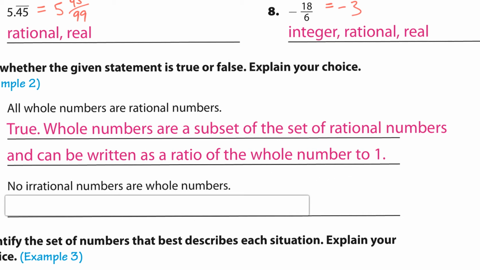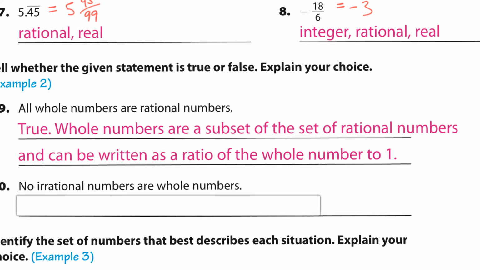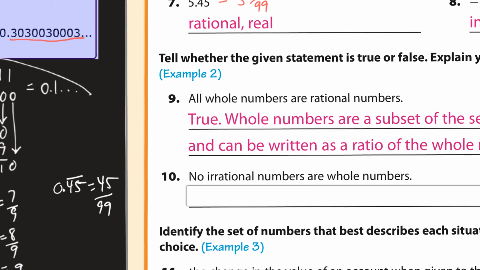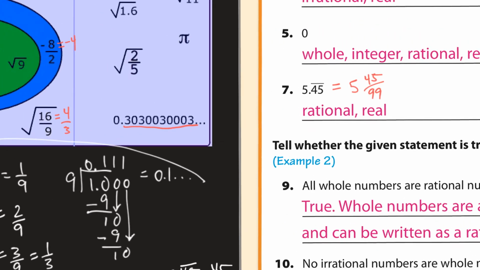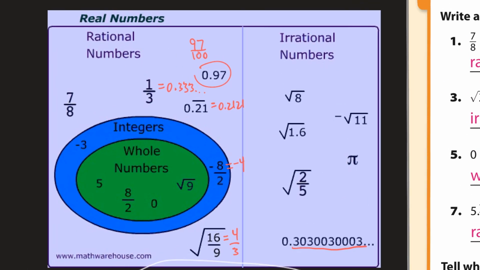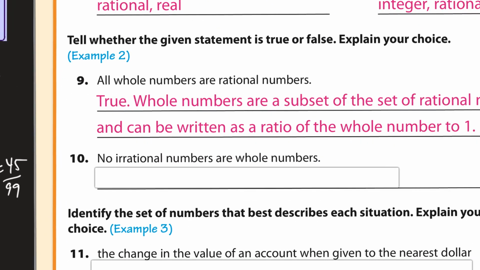Okay, so no irrational numbers are whole numbers. That's a weird way to say that. There are no irrational numbers that are whole numbers. Oh my goodness. Yeah, I'm thinking.